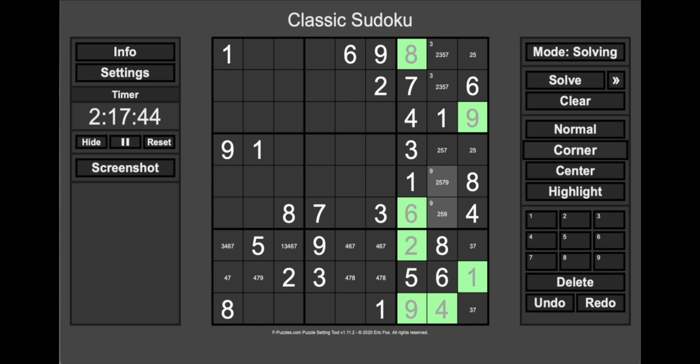Okay, now, so I've got a 3 here, I've got a 9 here, and everything else I have way too many options. Okay, these cells in row 1 are not 1, 6, 8, or 9.